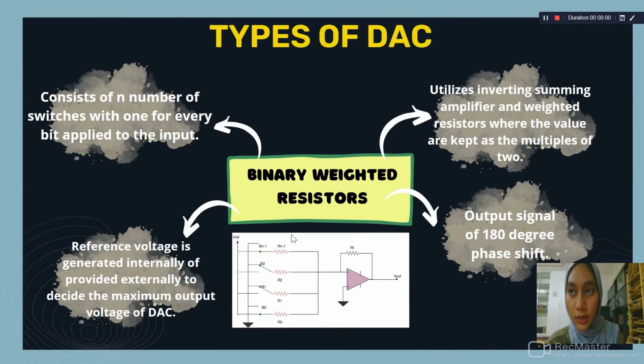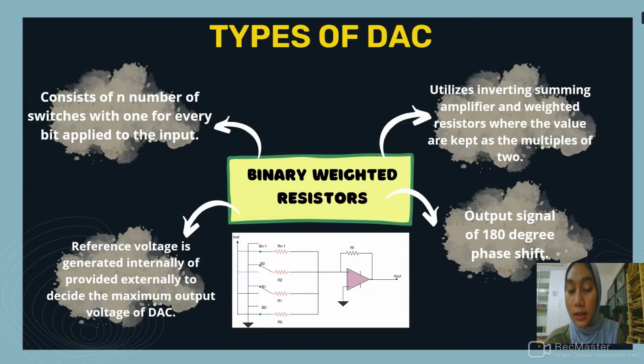Moving on, digital to analog conversion can be achieved using a number of different methods, but the two most common ones are the binary weighted resistors and the R-2R ladder network types of DAC. The binary weighted resistor DAC consists of n switches, one for every bit applied to the input. The reference voltage is generated internally or provided externally to decide the maximum output voltage of the DAC.